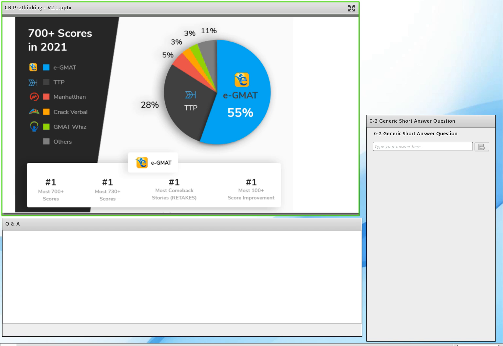This compares us to all the other 12 partners on GMAT Club overall, and this is the first time this has happened in the history of GMAT Club. No other partner has been able to account for a majority of 700 plus scores. Not only that, we've also accounted for most 730 plus scores, most comeback successes, as well as most 100 point score improvements. These are the other metrics that we care about.